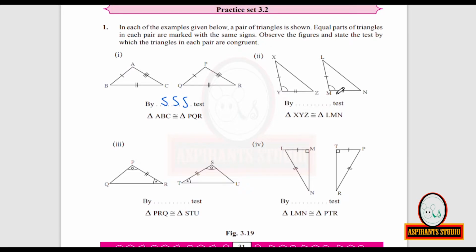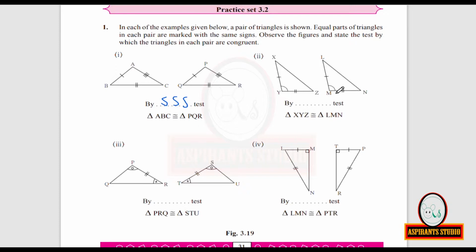The included angle of the second triangle is angle LMN. They are also congruent. And the corresponding sides, side XY is congruent to side LM and side YZ is congruent to side MN.